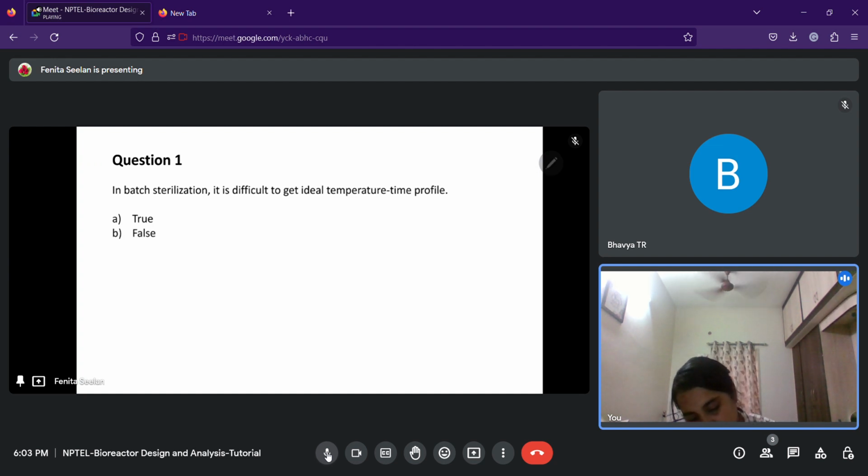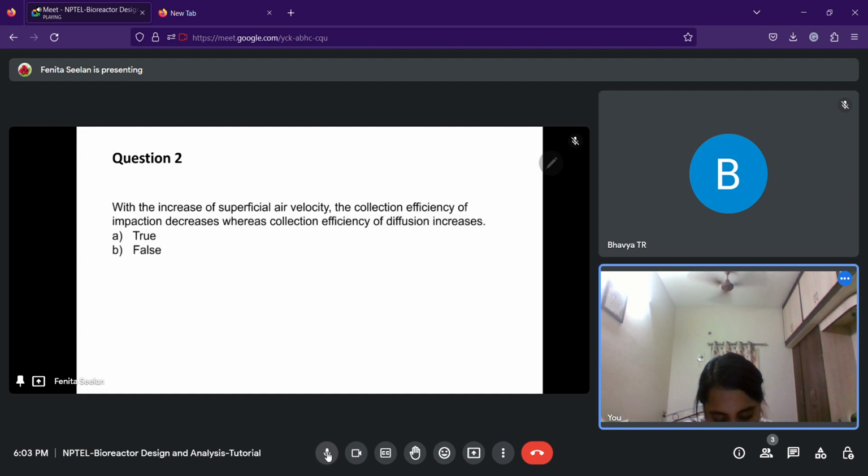So the answer for this question would be true, because in batch sterilization it is indeed difficult to get the ideal temperature time profile. Question number 2 is: with the increase of superficial air velocity, the collection efficiency of impaction decreases, whereas collection efficiency of diffusion increases. Whether the statement is true or false.